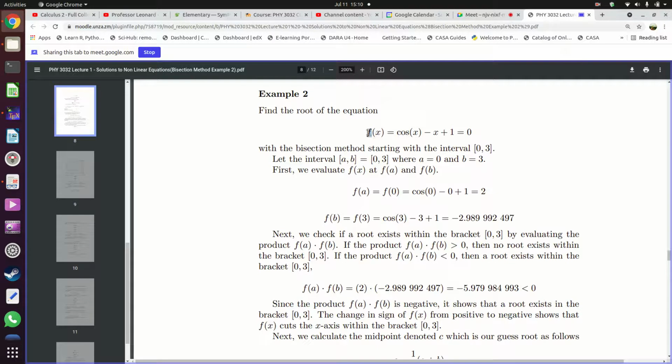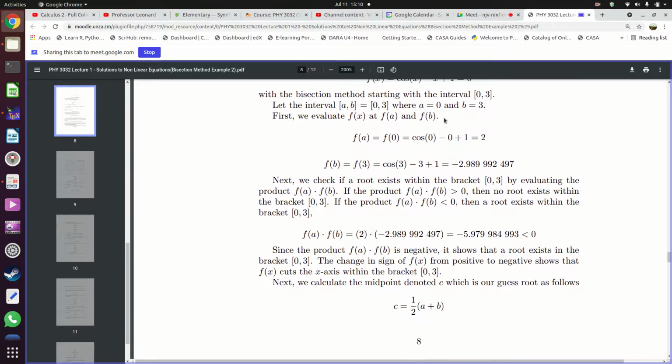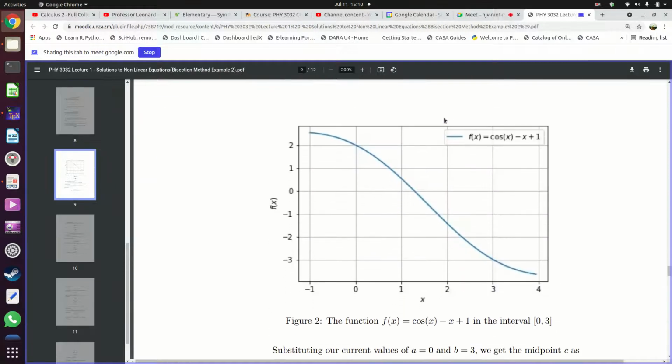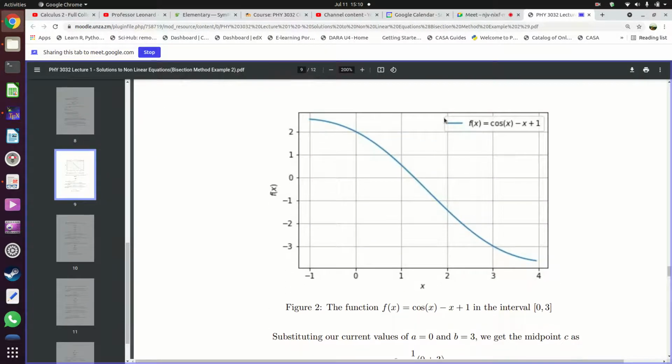If you look at just this function in this interval 0 to 3, we have a graph which gives us an idea of what we're looking at. This is the function in the interval -1 to 4. You can see it starts dropping, then it cuts the x-axis somewhere between 1 and 2, and it goes like that.